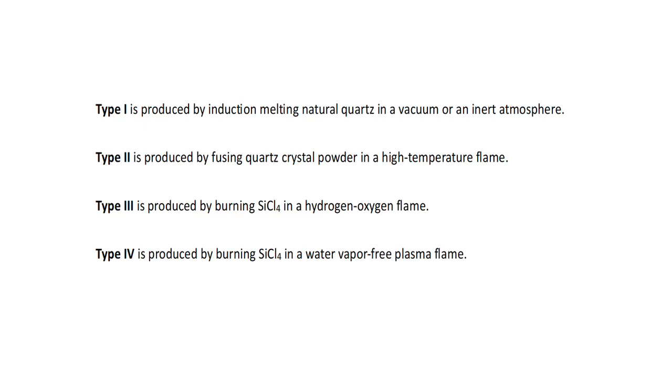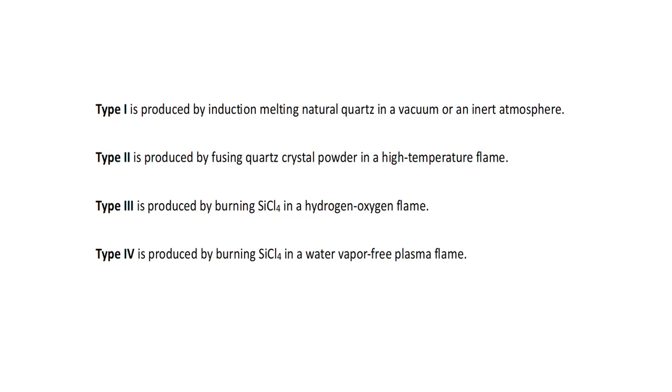Type 2 is made by fusing quartz crystal powder in a high temperature flame. Type 3 is created by burning silicon tetrachloride, SiCl4, in a hydrogen-oxygen flame. And type 4 is made by burning silicon tetrachloride, SiCl4, in a water vapor-free plasma flame.